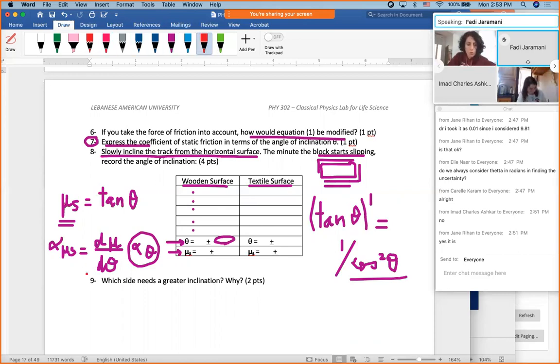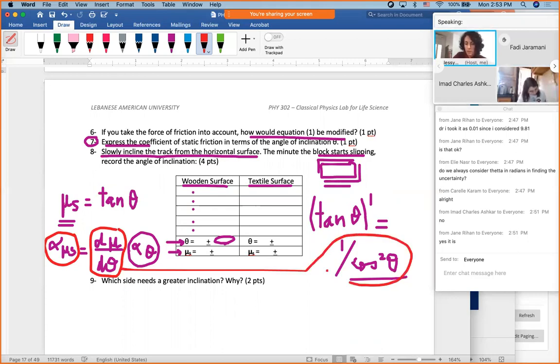All right, so you basically say the error on mu is the derivative of mu with respect to theta times alpha theta, done. And the derivative is actually this guy. That's it. So by doing the derivative, you simply have to multiply by the error on theta. Yes? Okay, yeah, I got it. All right, cool. Thank you.